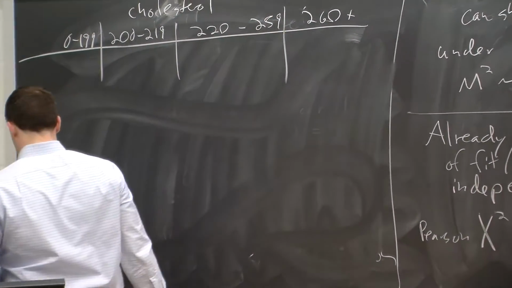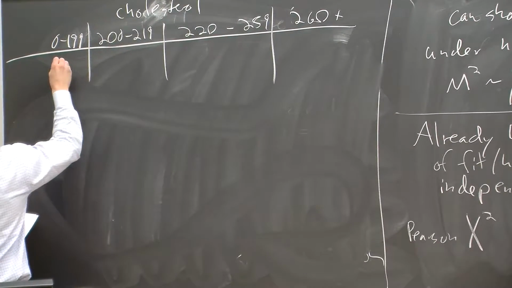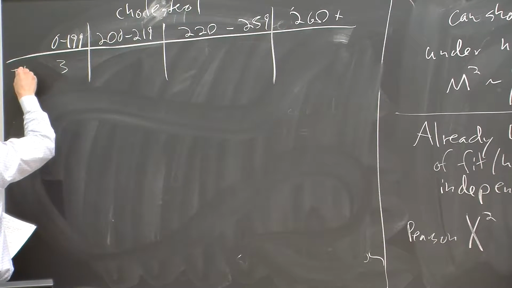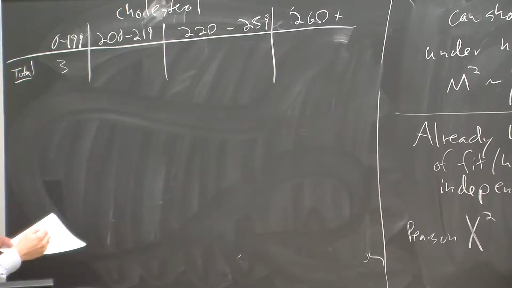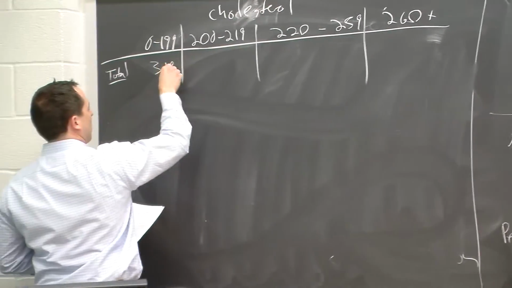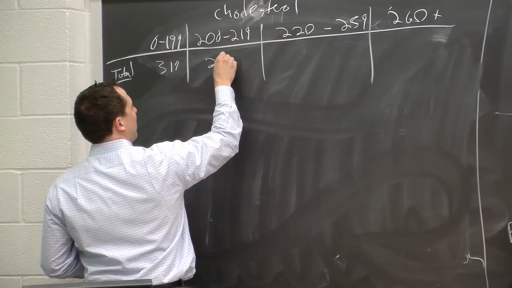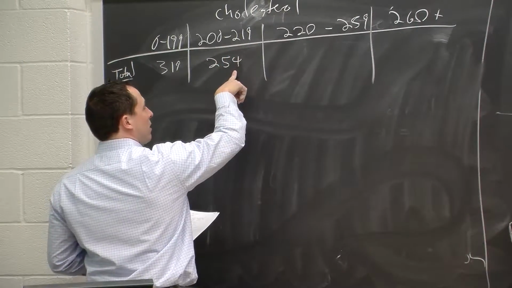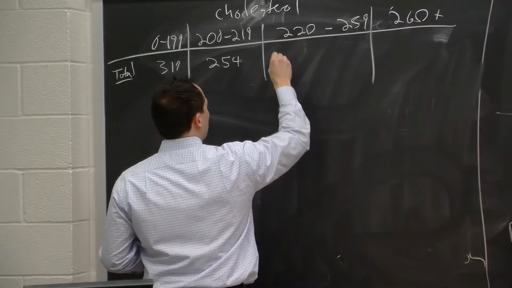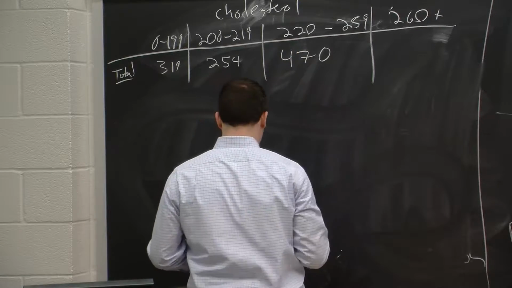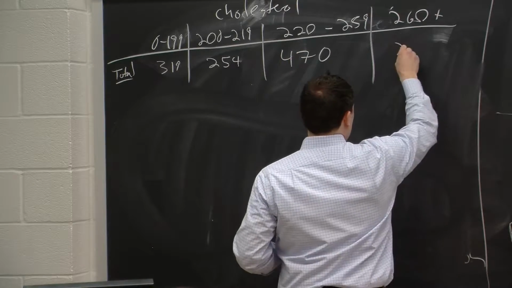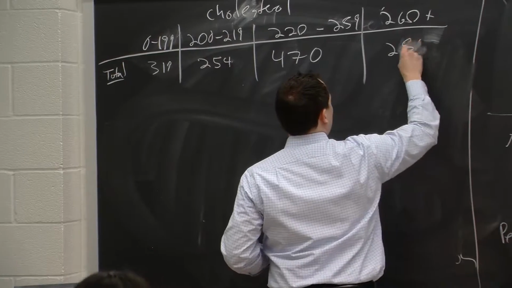I don't care so much about the numbers in each of these, so I'm going to ignore how many got disease and how many didn't, because for this purpose, I just want to think about the total. So there was 319 of these. There was 254 subjects in this range, 470 in this range, and 286 in this range.